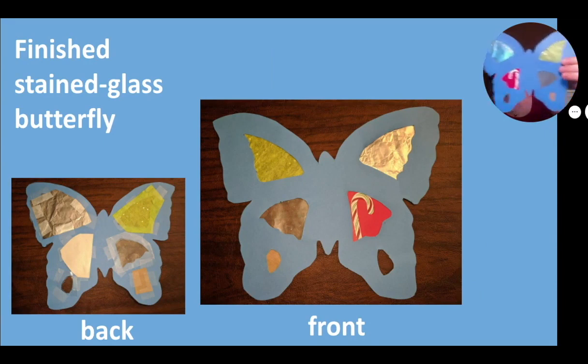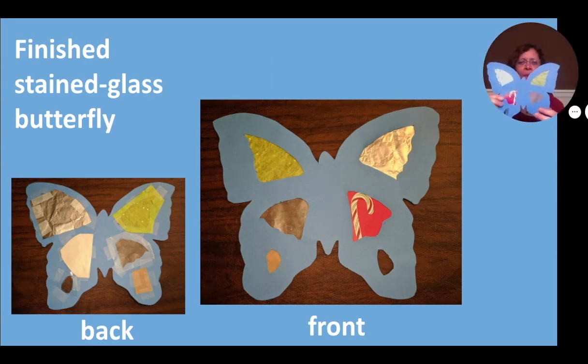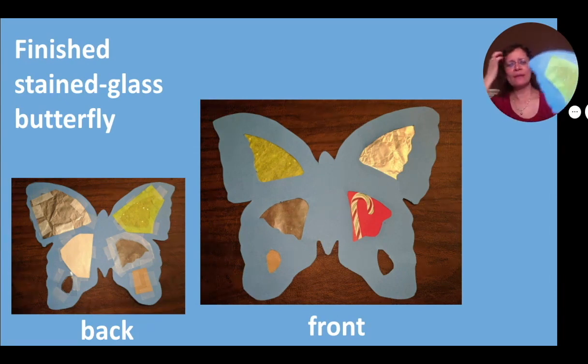Here's my butterfly. I used a brown paper bag, wax paper, tissue paper, aluminum foil, wrapping paper, and clear plastic wrap from a sandwich bag. I also used that blue construction paper for the body of the butterfly. So on the back, you can see where I have taped the material that I used. And when I've turned it over, I've got my beautiful butterfly.